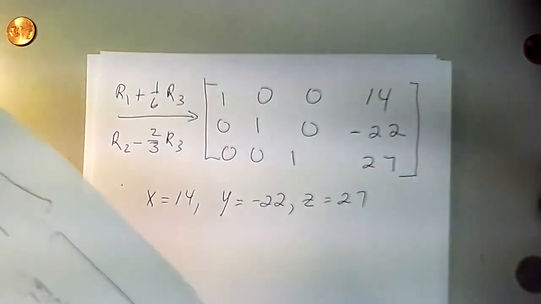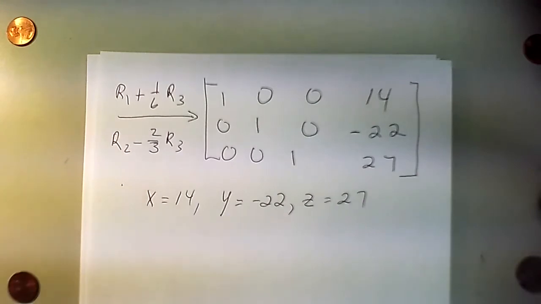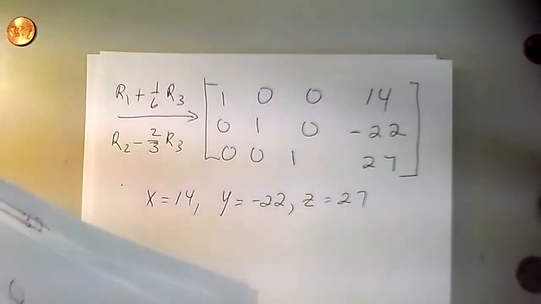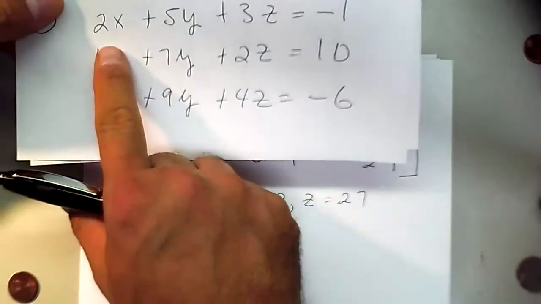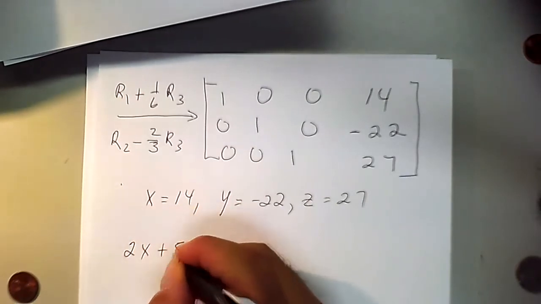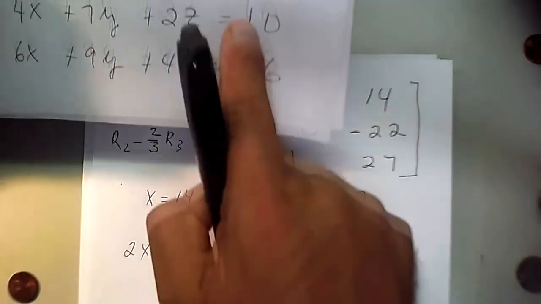Before I box it, I really want to double check that the answer is correct. So I'm going to come back to the original problem. 2x plus 5y plus 3z should be equal to negative 1.